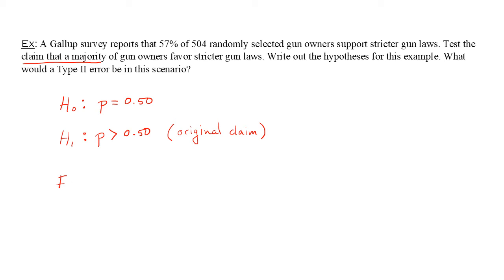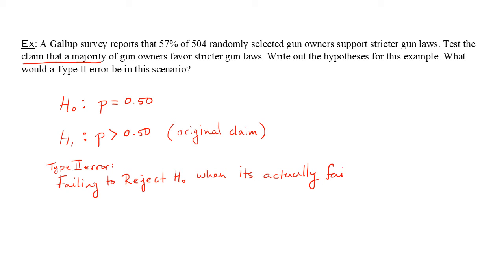So, type 2 error is failing to reject the null hypothesis when it's actually false. Let's think about that in the context of this.